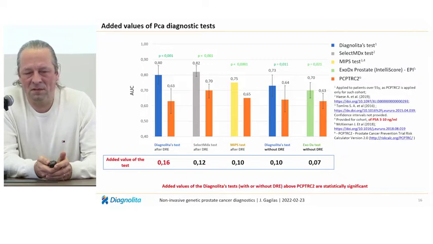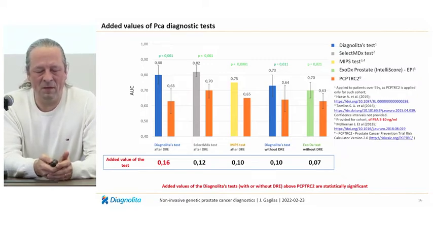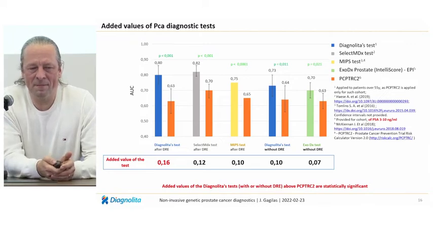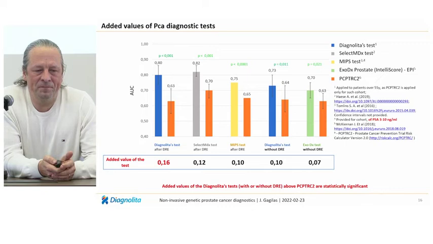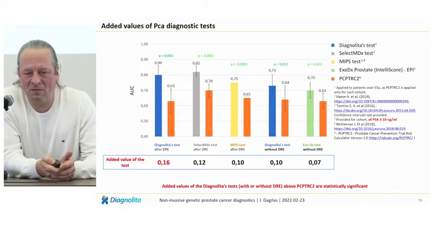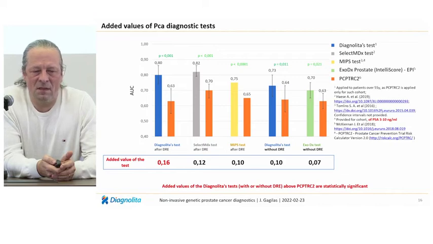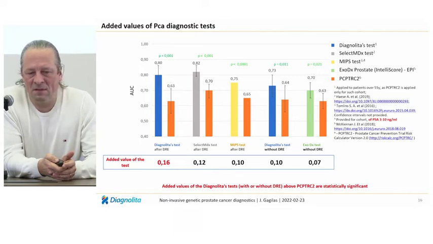The orange bars show in each case the diagnostic performance of clinical information. With AUC, it shows diagnostic performance, and you can see that in all cases we have an AUC of about 0.63, 0.65.